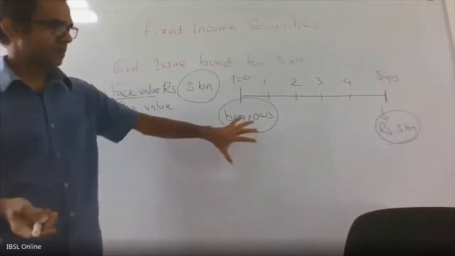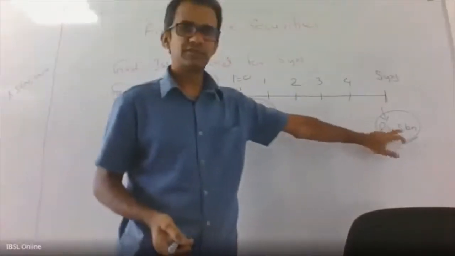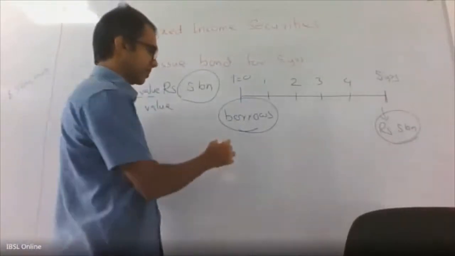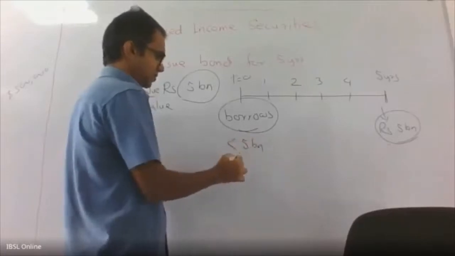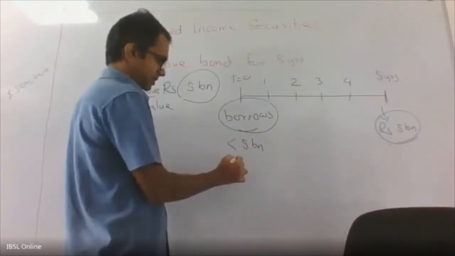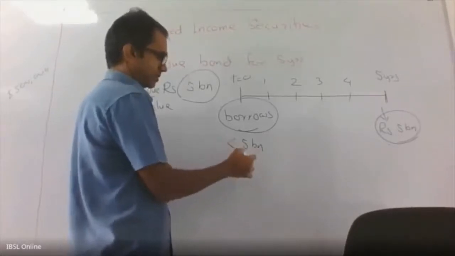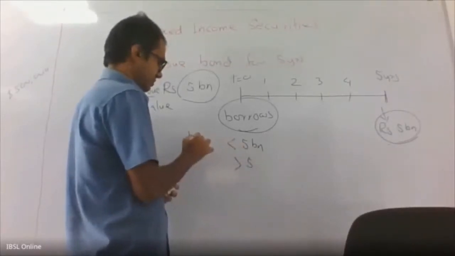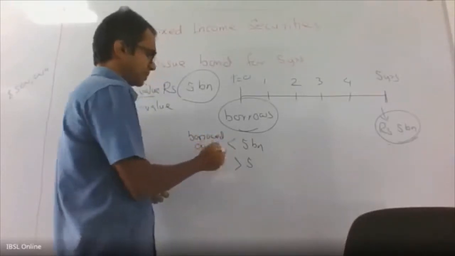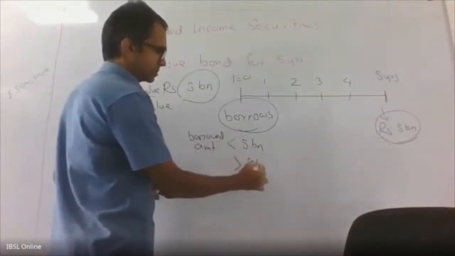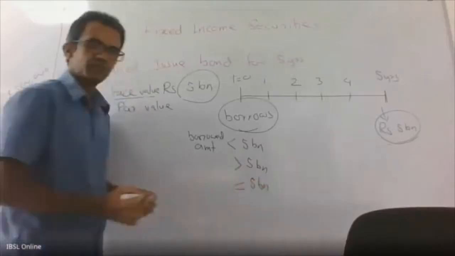What is the amount that the government borrows on a bond like this with the face value of 5 billion? That amount may be less than 5 billion or greater than 5 billion, or equal to 5 billion.